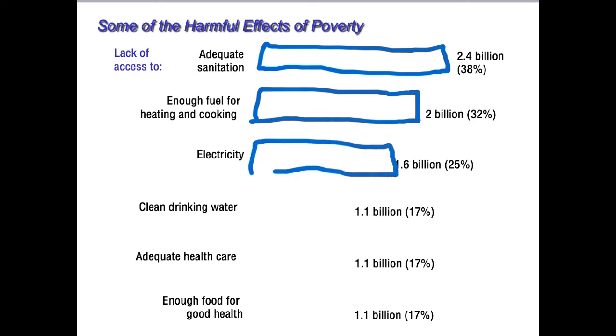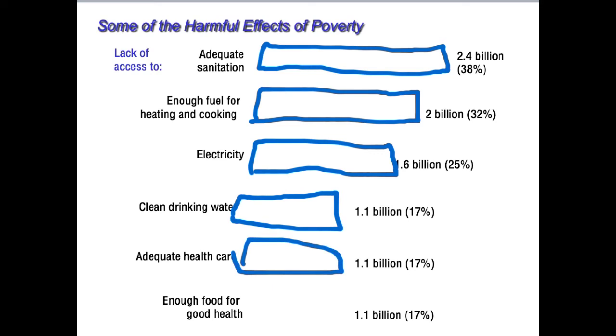Electricity, think about that. All the electricity that you use, 1.6 billion people do not have access to electricity. Clean drinking water, 1.1 billion people. Adequate health care, 1.1 billion people again. And enough food for good health, 1.1 billion people.